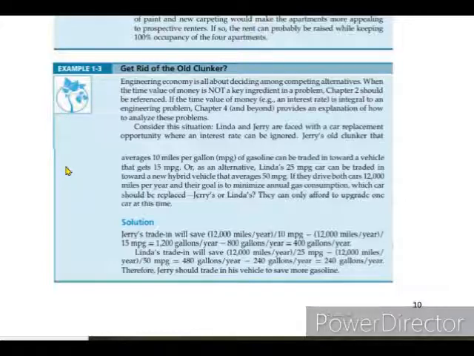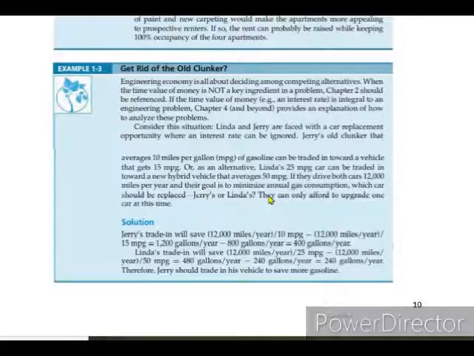So consider the situation. Linda and Jerry are faced with a car replacement opportunity where an interest rate can be ignored. Jerry's old clunker that averaged 10 miles per gallon (mpg) of gasoline can be traded in toward a vehicle that gets 15 mpg. So he can trade it with the other one.